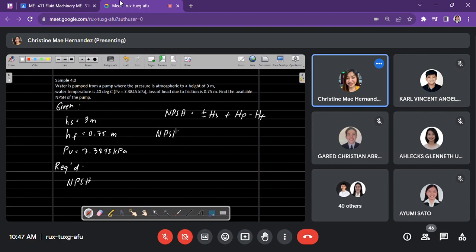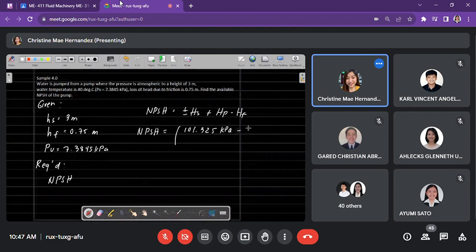NPSH is equal to 101.325 minus 7.3845 kPa over 9.81 kilonewton per cubic meter.